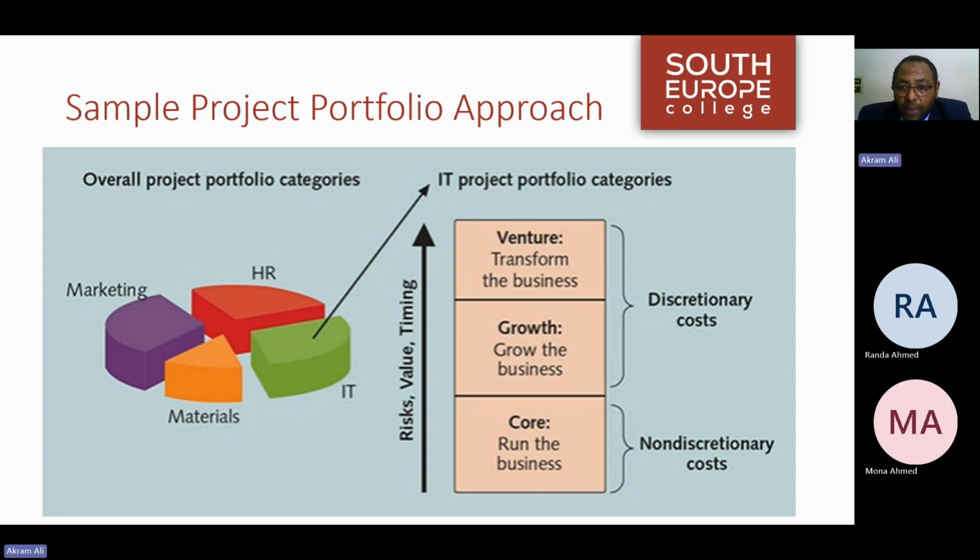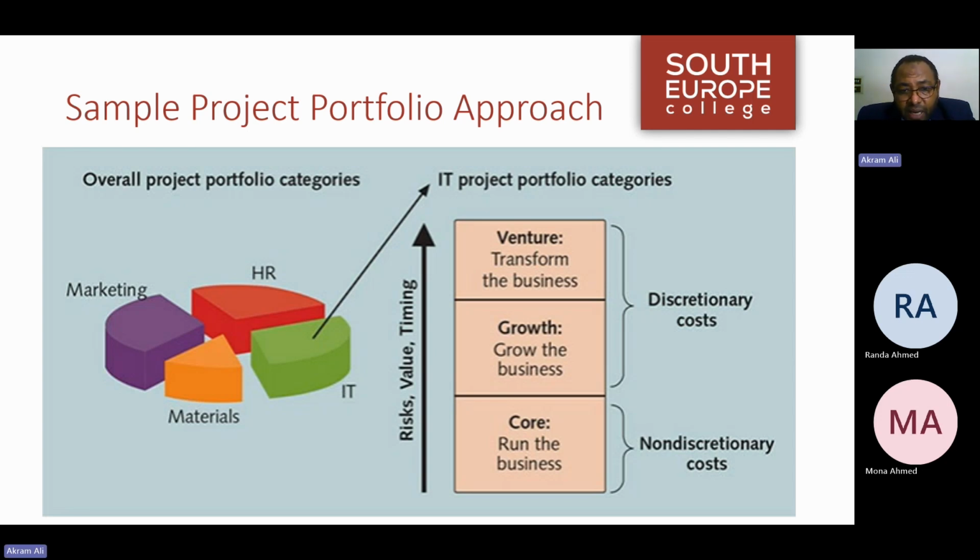This allows top management to view and manage all projects at an enterprise level. So here on the left side of this image, we have overall project portfolio categories, which are a portfolio for marketing, a portfolio for HR, a portfolio for materials, and a portfolio for IT.